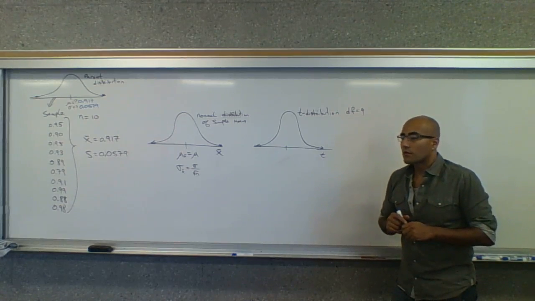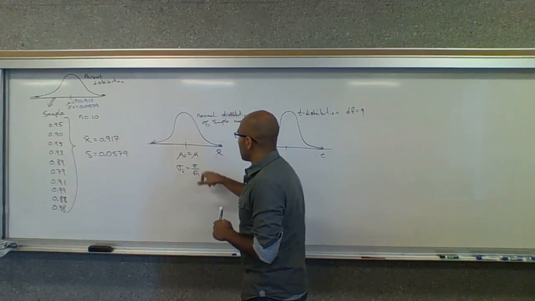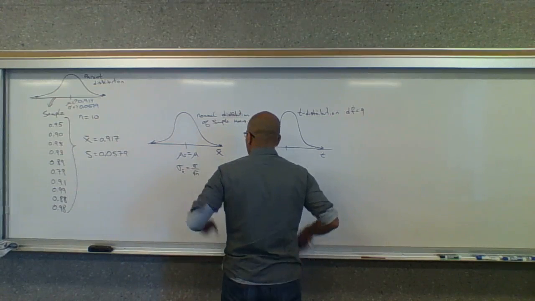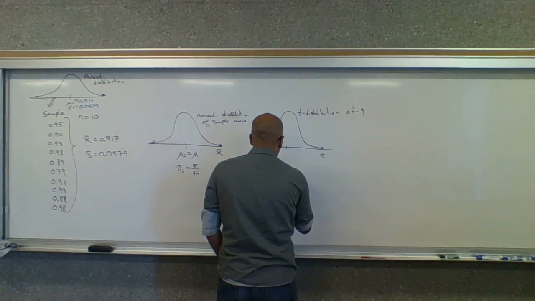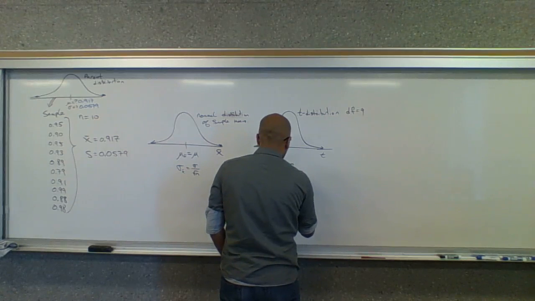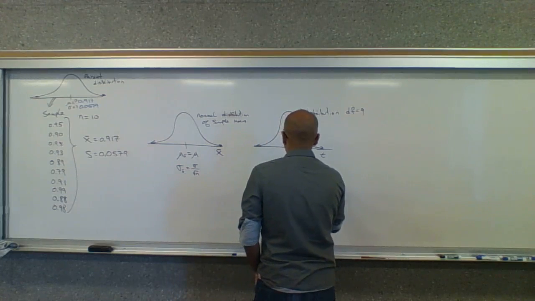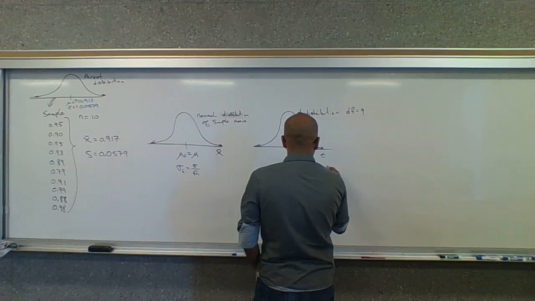Correct. Because we're going to guess this to be equal to that, we're going to use a standard deviation that comes from there. So sigma sub x bar will be equal to s over the square root of n, which is 0.0579 divided by the square root of 10.